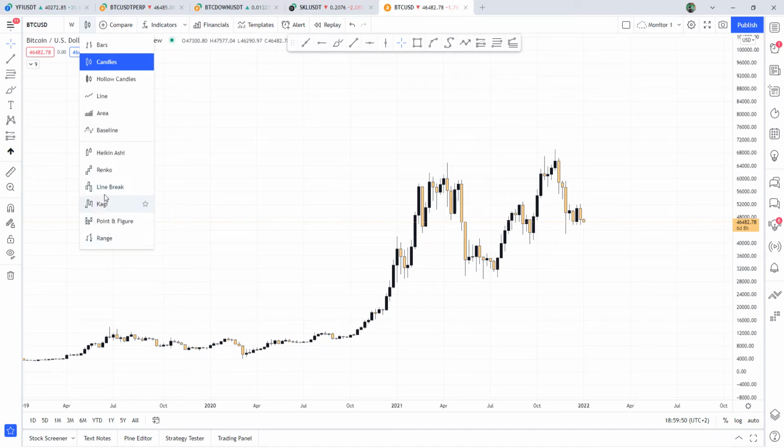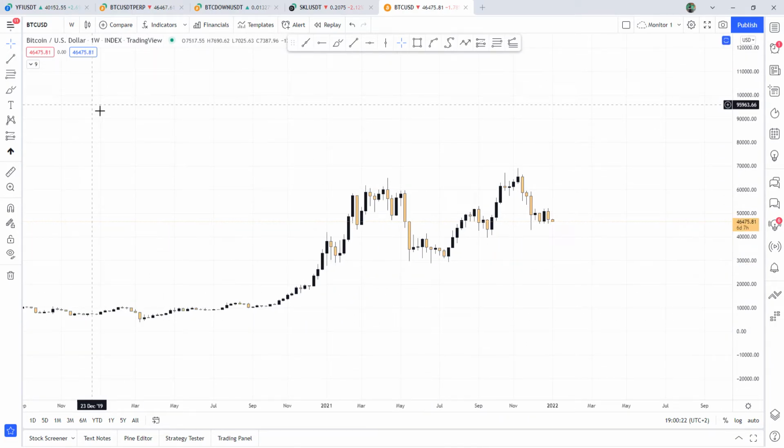If we use something else, we won't have these wicks, and there can be some errors in our trading. Also for Heikin-Ashi candles, the wicks sometimes are bigger, so we can make errors. So it's better to use the normal candles.